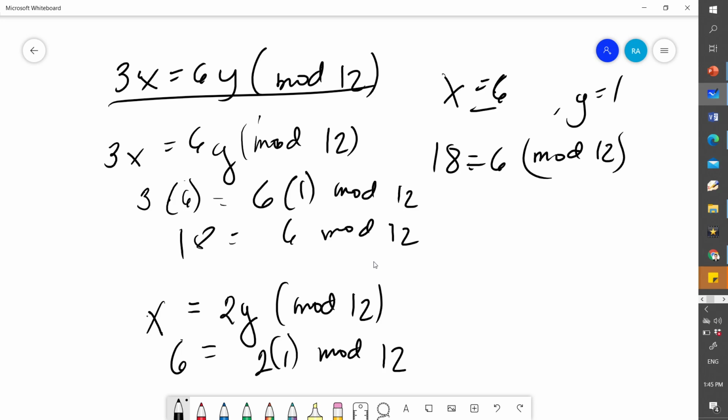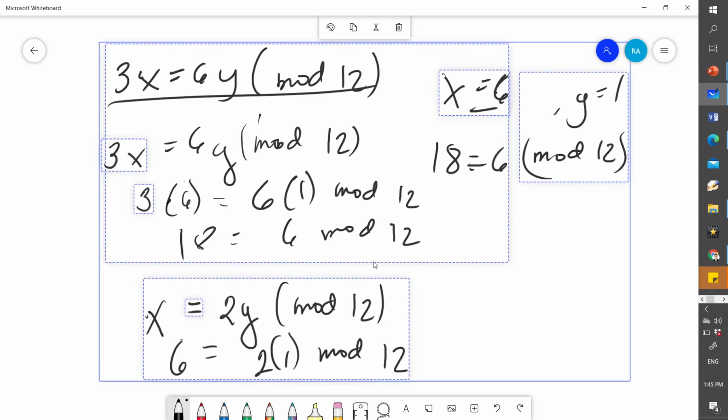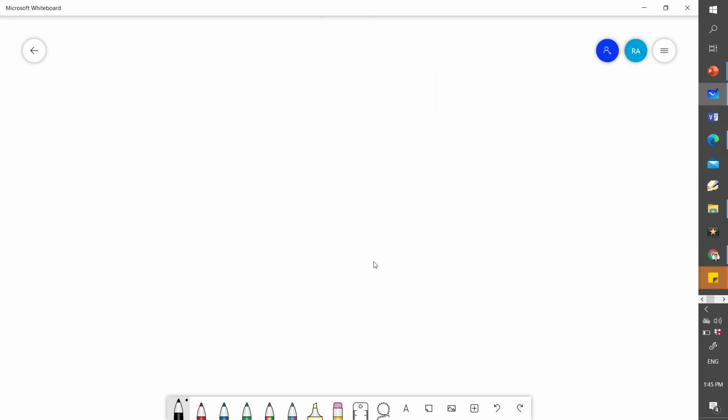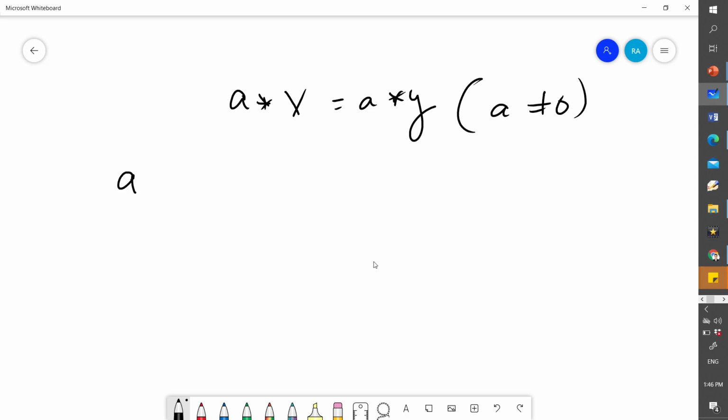So when can you cancel safely? In an integral domain. Suppose a times x is equal to a times y in some ring R, and a is not 0. If we get everything on one side, we can factor out a using the distributive property.